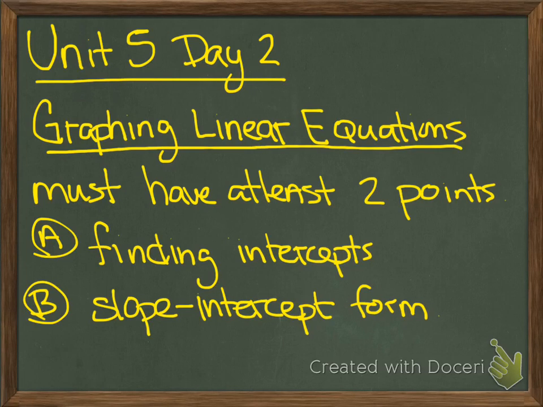All you need is 2 points. You can just find 2 points. You can find it by the intercepts, or we can do it with the slope-intercept form. Okay. Well, let's take a look.